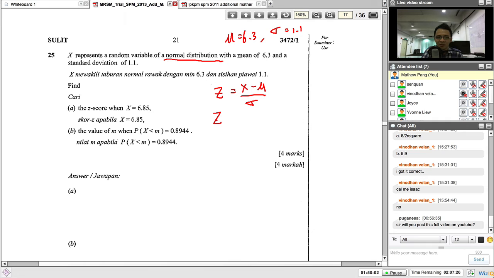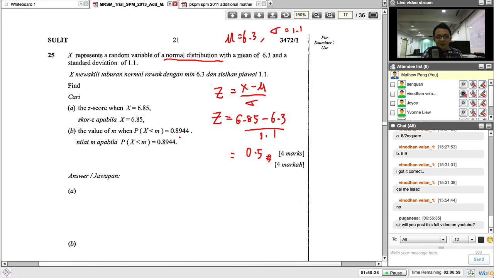It's very simple: 6.85 minus the mean, divided by the standard deviation, 1.1. You just press the calculator: 6.85 minus 6.3 divided by 1.1. So it's 0.5. Alright, easy.